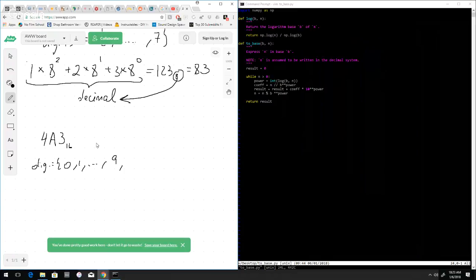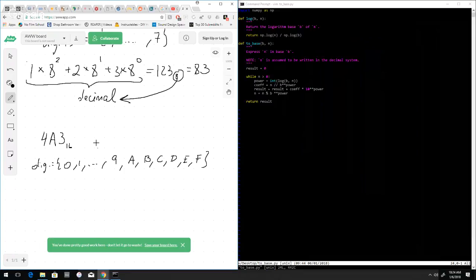We're getting some philosophical terms here, but instead of writing 10, people have decided to just write letters. So A represents my 10, B is my 11, C is my 12, D is my 13, E is my 14, F is my 15. Okay, so those are the digits in the hexadecimal system.